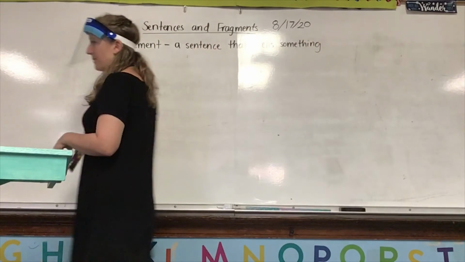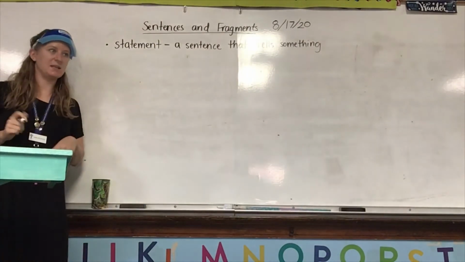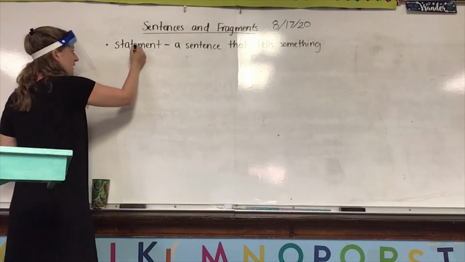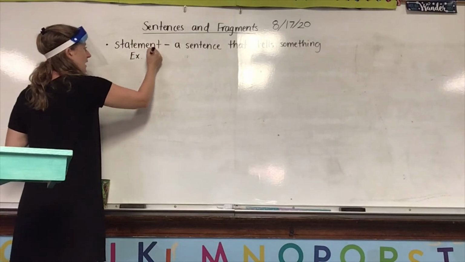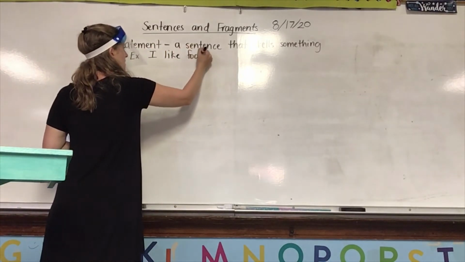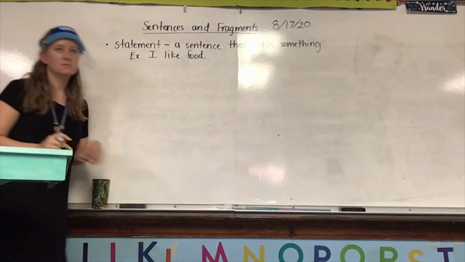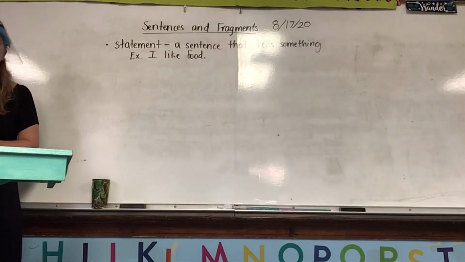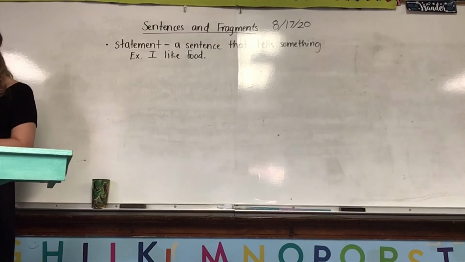So if you make a statement, you are telling somebody something. For example, and do write this, I like food. You are telling somebody a fact. You can say, my name is Miss Folis. That is a statement. You're telling somebody a fact.